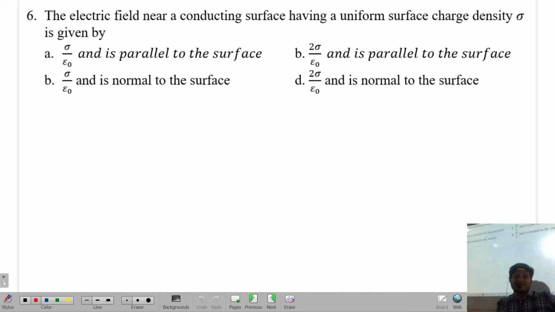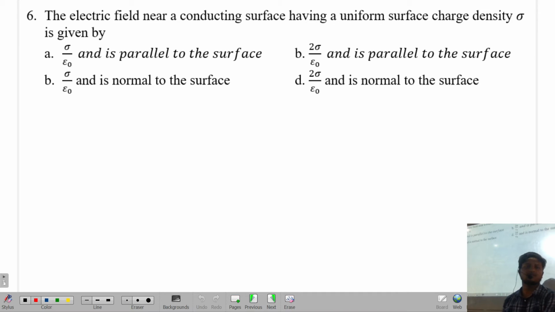Electric field near a conducting surface having a uniform surface charge density sigma is given as sigma by epsilon naught, parallel to the surface or normal to the surface? Tell me. Sigma by epsilon naught is the electric field or not?